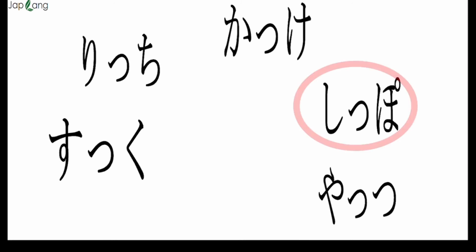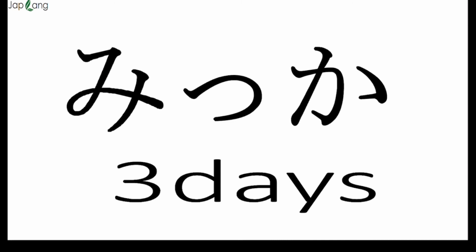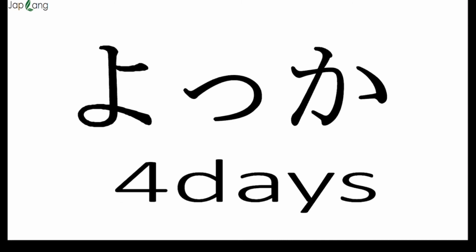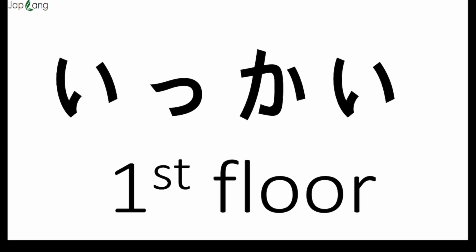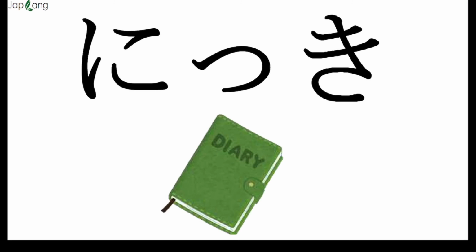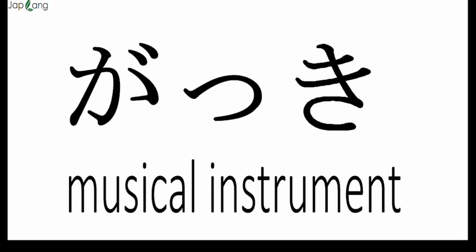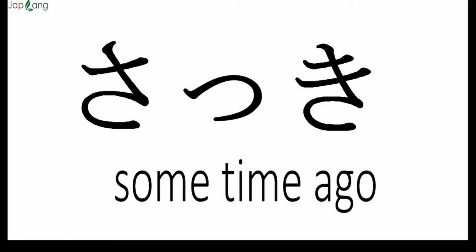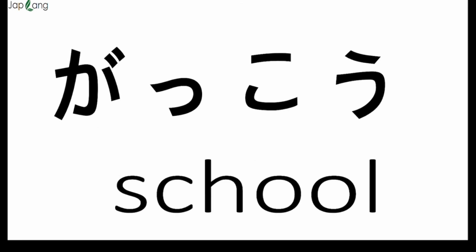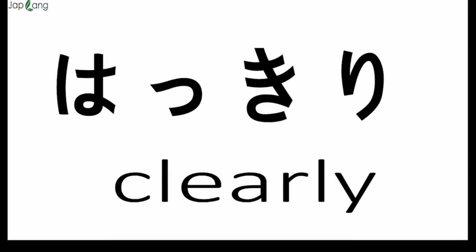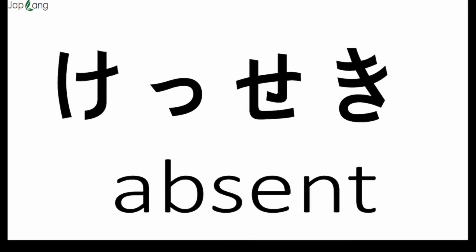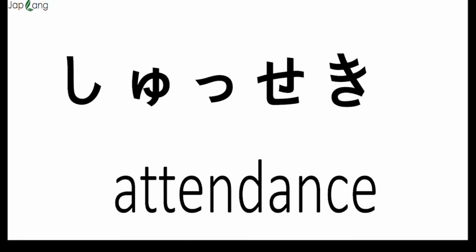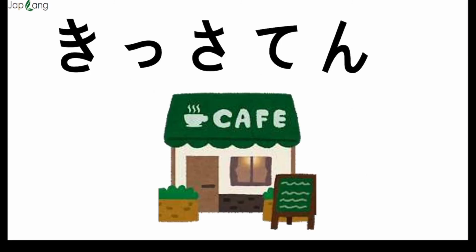Thank you so much. Now we start reading this. Three days will be mikka, four days will be yokka, price will be bukka, first floor will be ikkai, diary will be nikki, musical instrument is called gakki, some time ago is called sakki, school is gakko, marriage is kekkon, clearly is hakkiri, magazine is zasshi, absent is kesseki, attendance is shusseki, cafe is called kissaten.